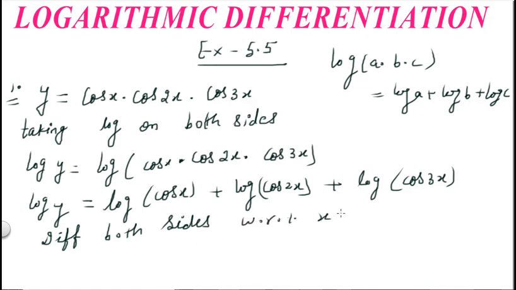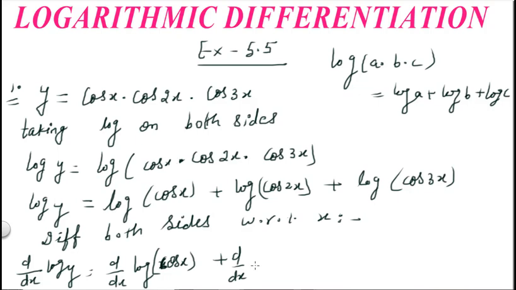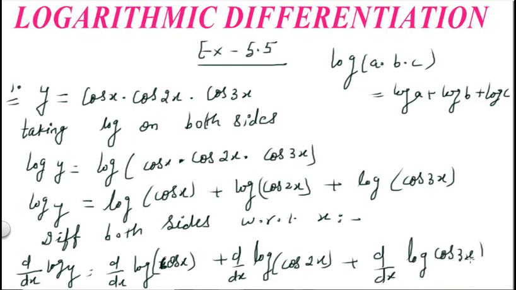When we do that, we will write d by dx of log y equal to d by dx of log of cos x plus d by dx of log of cos 2x plus d by dx of log of cos 3x. Clear? So let us differentiate. We'll keep this content on one page and we'll take another sheet to write this.